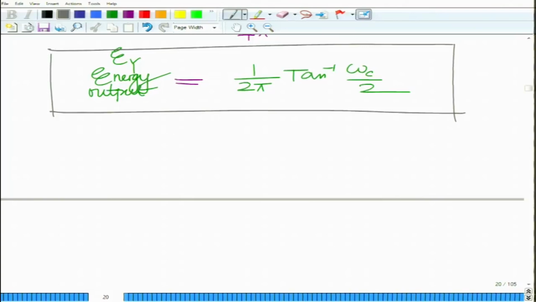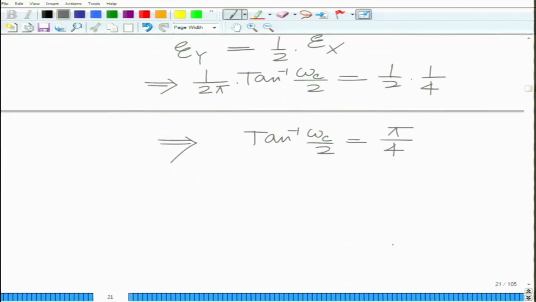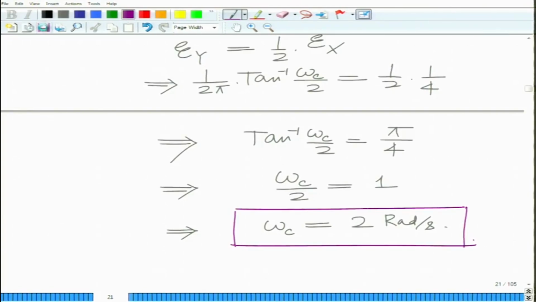So, basically E y equals half of E x, which is the input energy, which means 1 over 2 pi tan inverse omega c over 2 equals half into 1 by 4, which implies tan inverse omega c by 2 equals pi by 4, which means omega c by 2 equals tan of pi by 4, which is 1, which means omega c equals 2 radians per second.